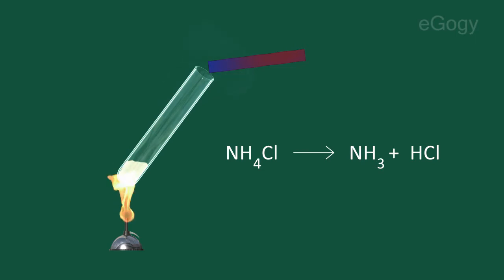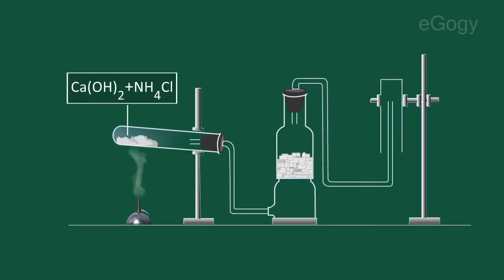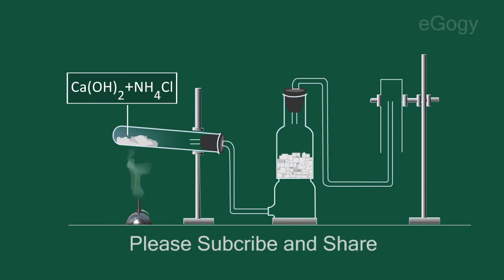Let us see the preparation of ammonia in the laboratory. Ammonia is prepared in the laboratory by heating a mixture of ammonium chloride and calcium hydroxide. They both react together to form calcium chloride, water, and ammonia.